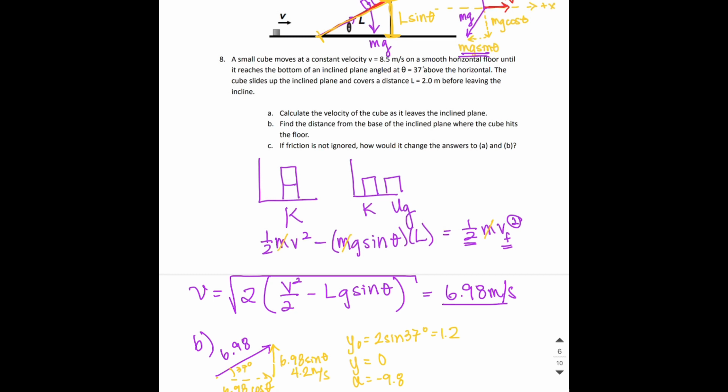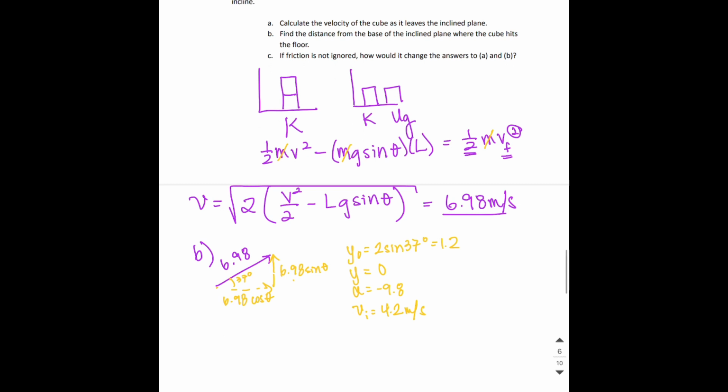Let me erase this here and put 4.2. Okay, so I'm going to have to use a quadratic equation for this, unfortunately. I am going to start off with y is equal to 0.